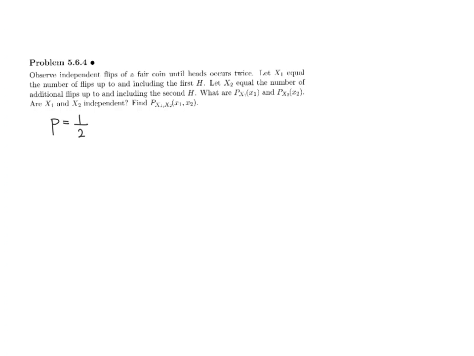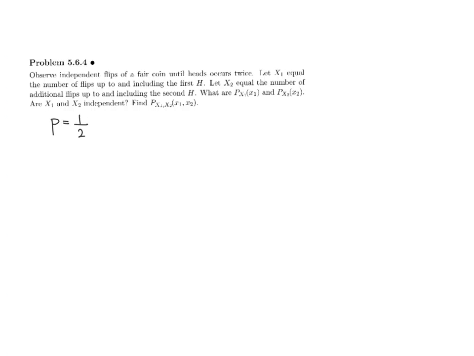Viewing each flip as a Bernoulli trial in which heads is a success, the number of flips until heads is the number of trials we need to observe the first success, which has a geometric PMF. We need to repeat the experiment until we observe the first head. That is the success, our goal.